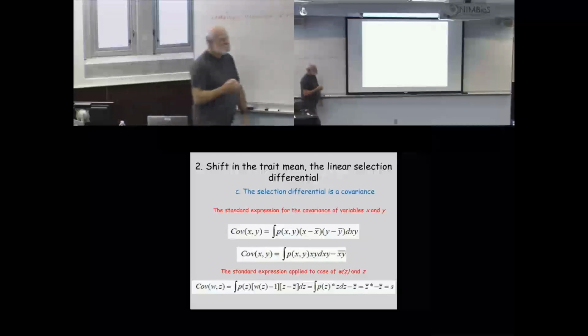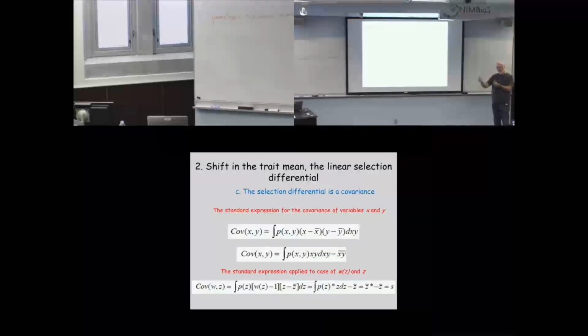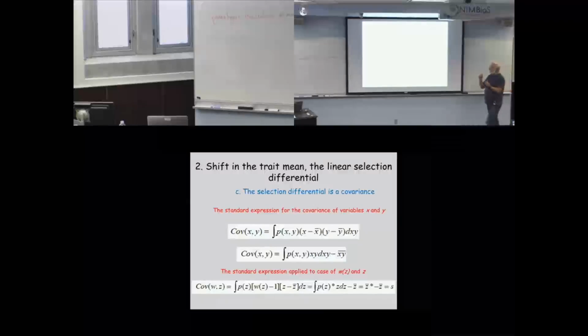So here we turn to the rationale for taking the difference between the means of the population of the sample before selection and after selection. If we take that difference, we can show that that difference, S, is equivalent to the covariance between the relative fitness of individuals and trait values.